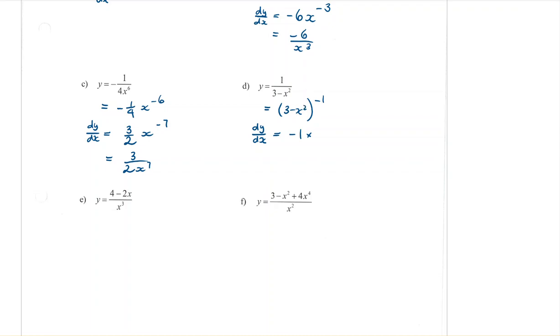I'll bring the 2 down, so it becomes minus 2x, and then you multiply that by the bracket and subtract 1 from the power, which becomes minus 2. So minus 1 times minus 2x becomes a positive 2x. The bracket here with a negative power of 2 is going to go to the bottom of the fraction, 3 minus x squared with a positive power of 2.